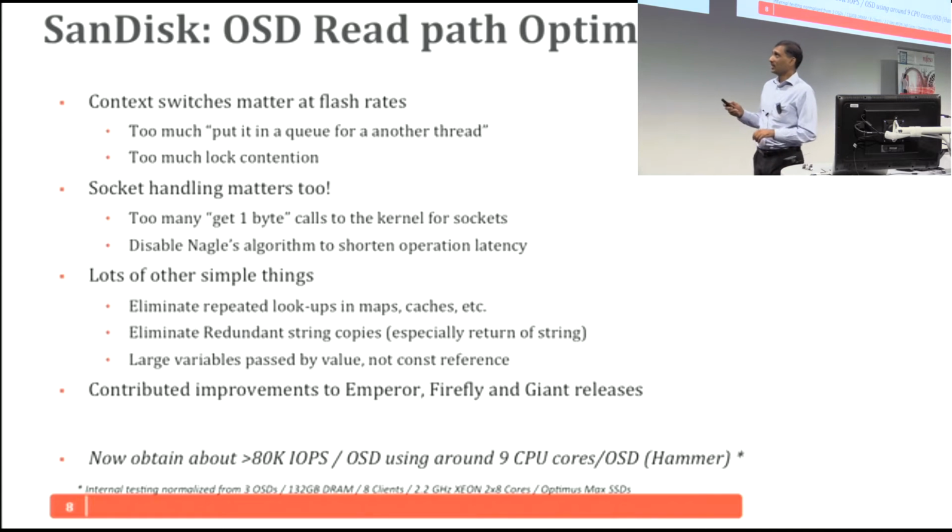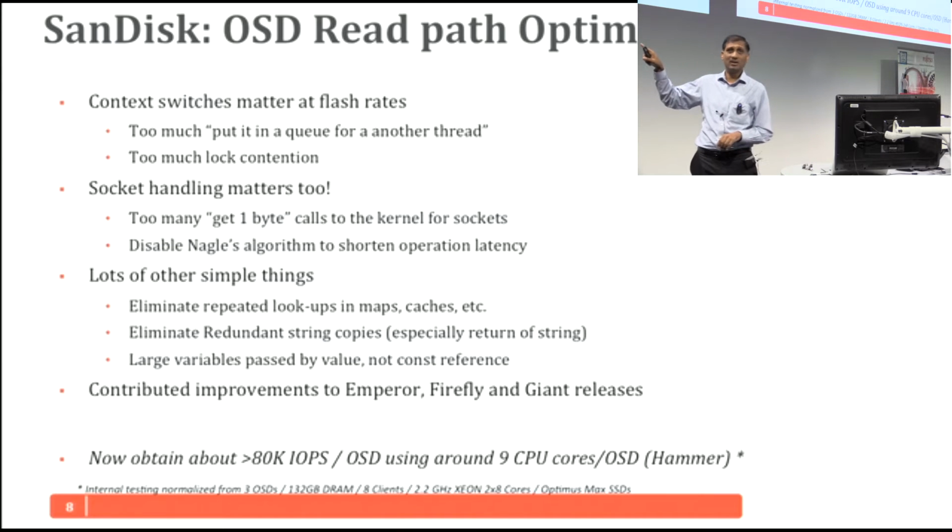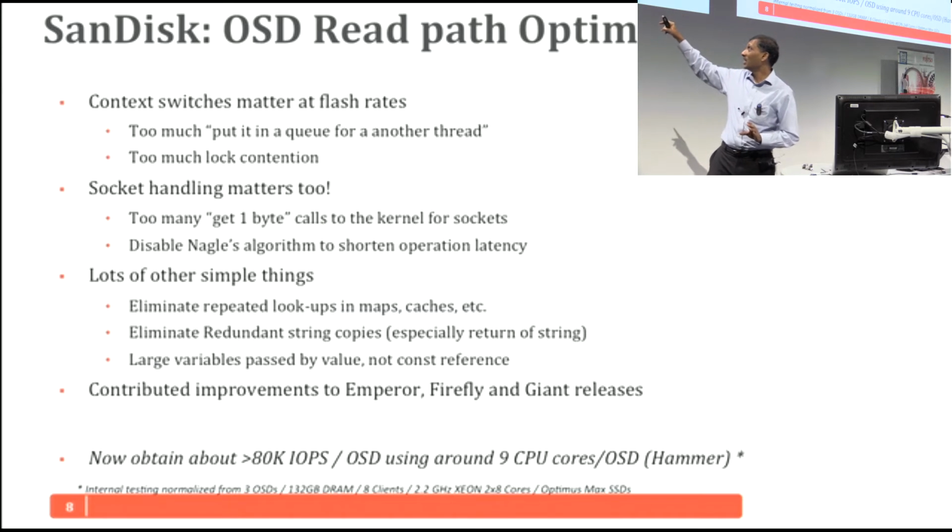And the net result is that with the current testing that we have done, which is currently on Hammer, we are able to get to over 80K IOPS per OSD. Remember, when we started this, about 1,000 IOPS is where we were. The more interesting thing is really looking at the CPU usage.